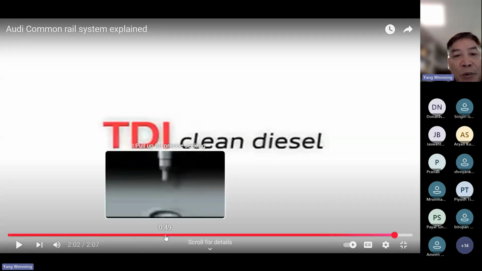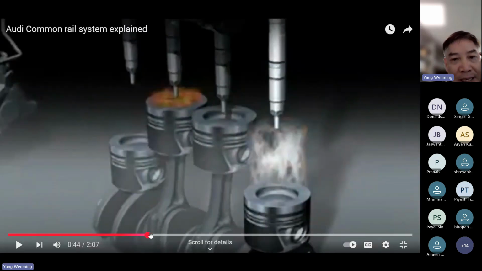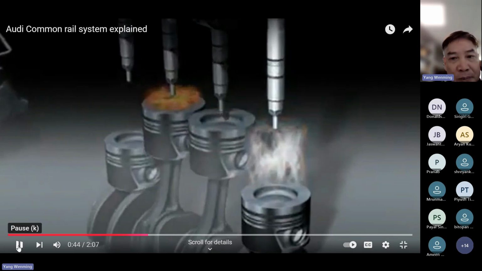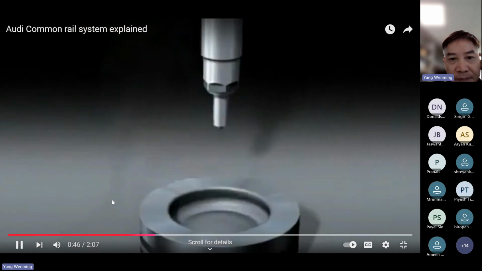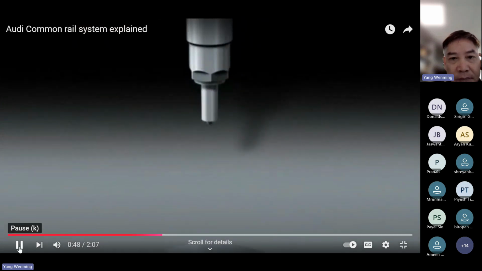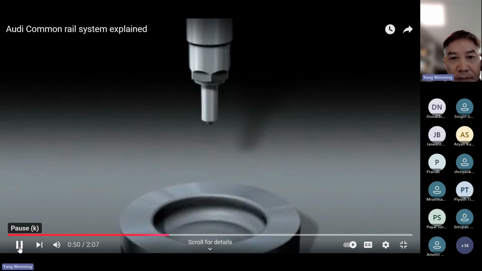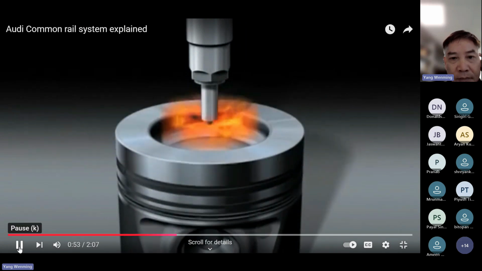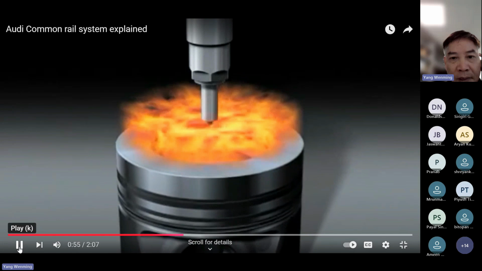In this case, we show you the injection. Here we can see in this engine we have four injections: two pre-injections, one main injection, and one post-injection, correct?